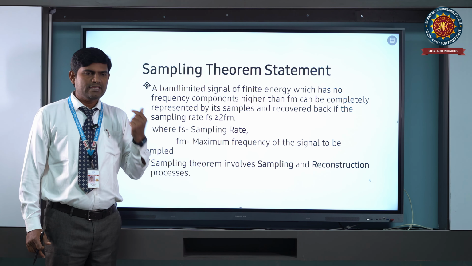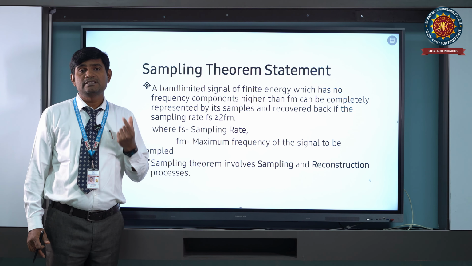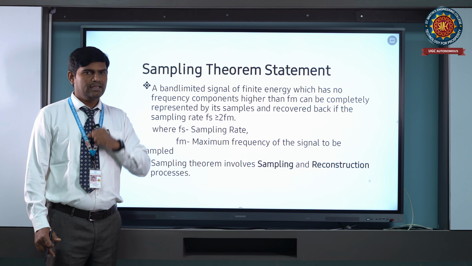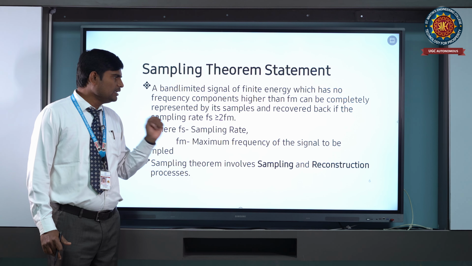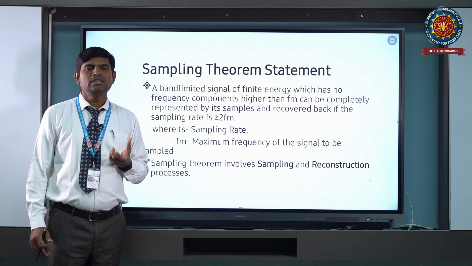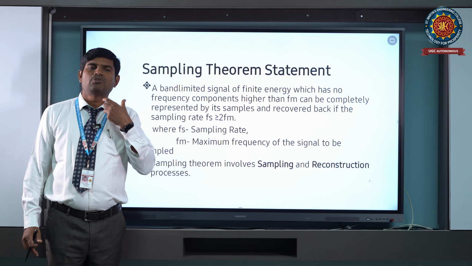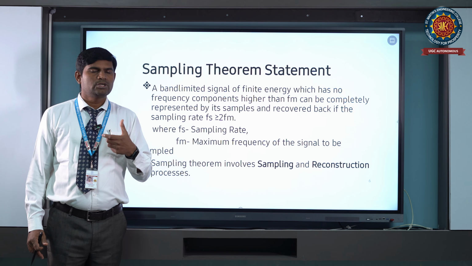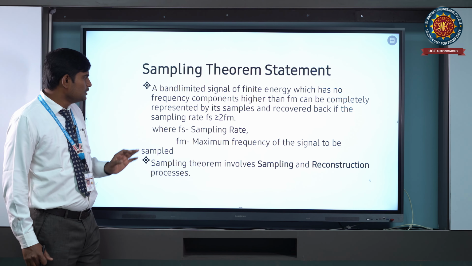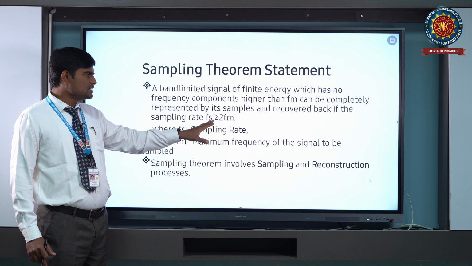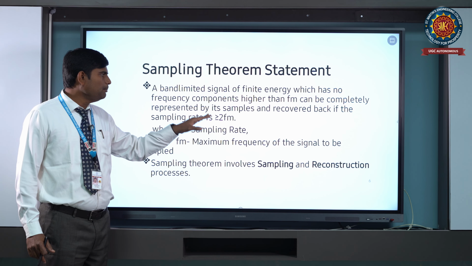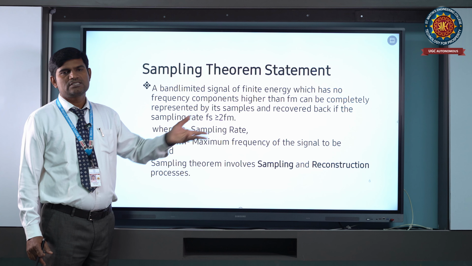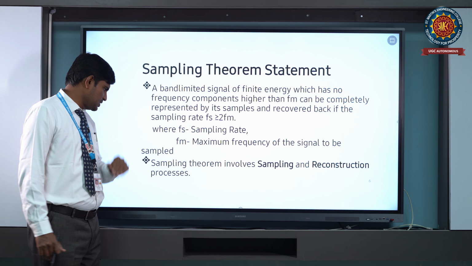That means Fs indicates the number of samples taken per second and Fm indicates the maximum frequency of the input signal which we want to convert into digital. So the number of samples taken should be a minimum of 2 times the maximum frequency of the input signal.